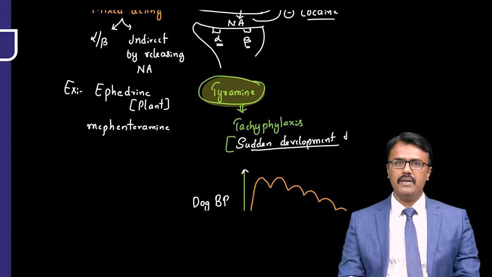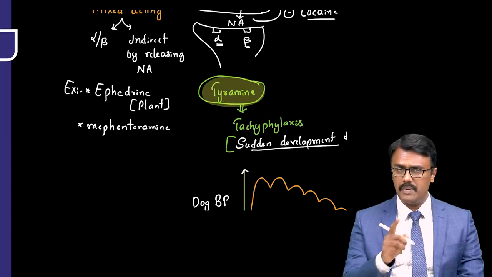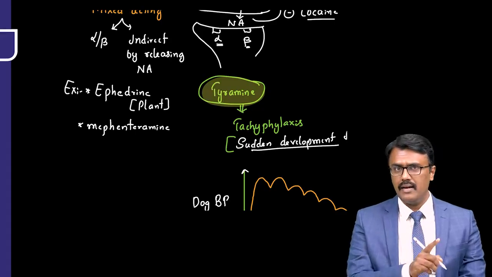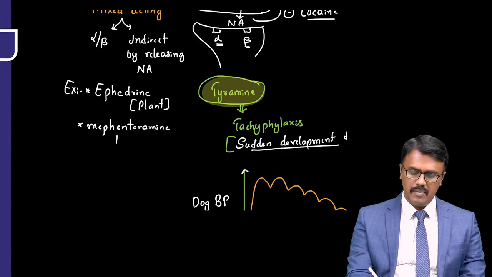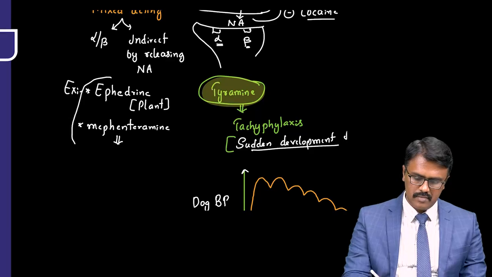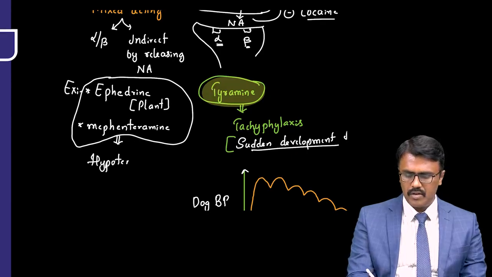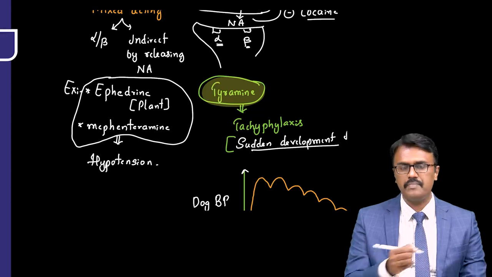So ephedrine and mephentermine are mixed acting sympathomimetics. What do you mean by that? They can act directly as well as indirectly. The major use of these two drugs is to treat hypotension.